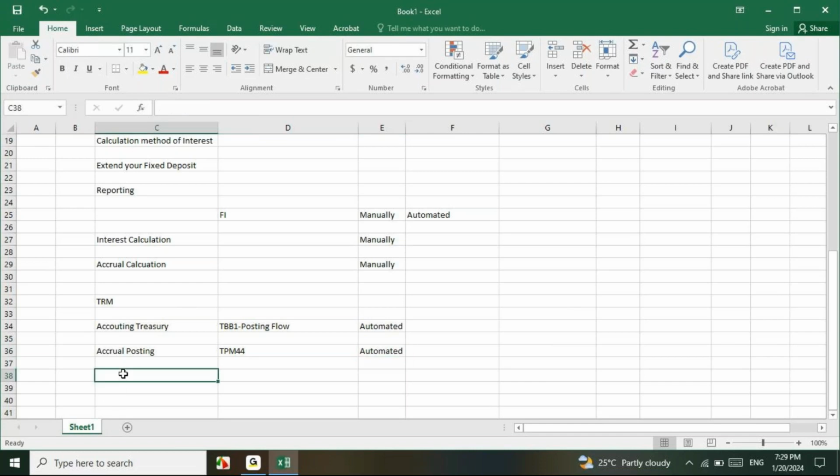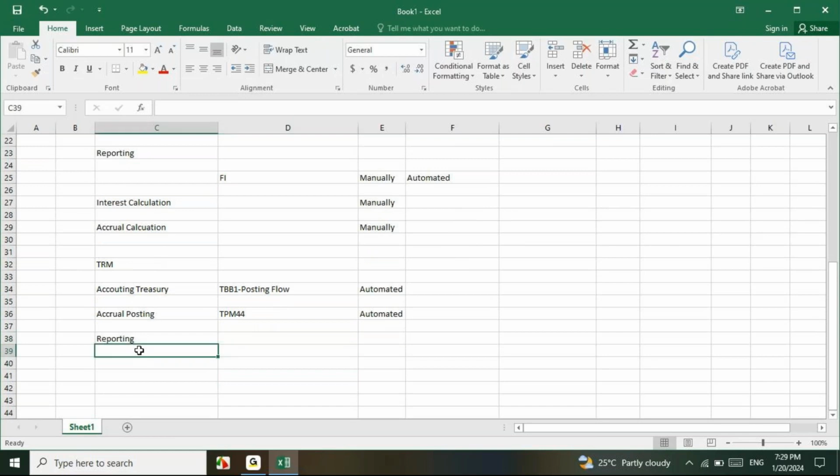Also we have multiple reports which will tell us the start date of the investment, the end date of the investment, the rate of interest, all these things. It will tell you. Okay.